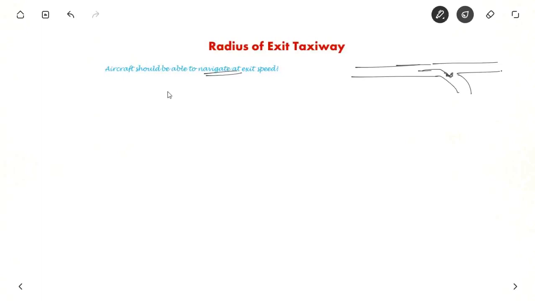So as you know, the radius is determined by V squared by gF. So here V is in meter per second, that is the exit speed. g is nothing but 9.8 meter per second square, and F is the friction factor.